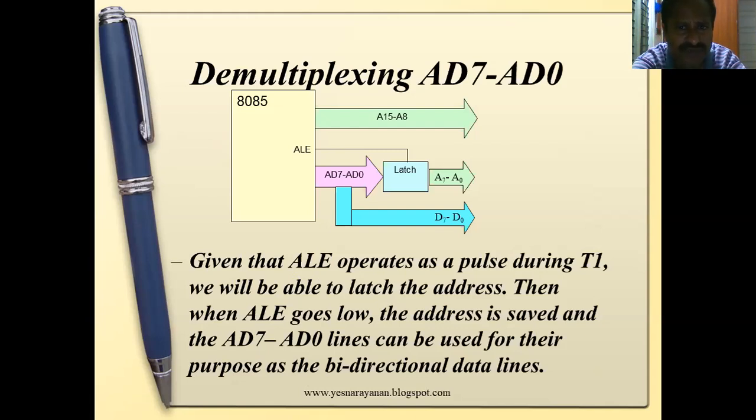Then this bus is made free for data communication. Given that ALE operates as a pulse during T1, we will be able to latch the address. Then, when ALE goes low, the address is saved and the AD0 to AD7 lines can be used for their purpose as the bidirectional data lines.